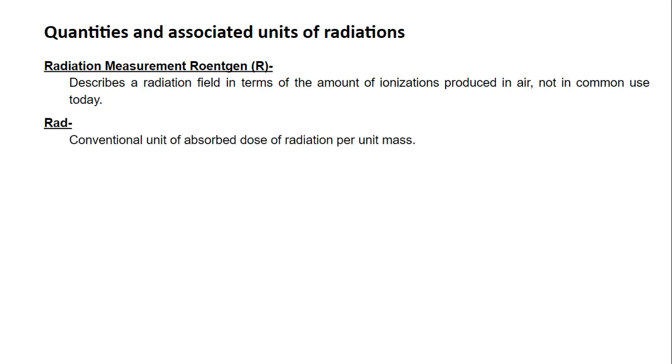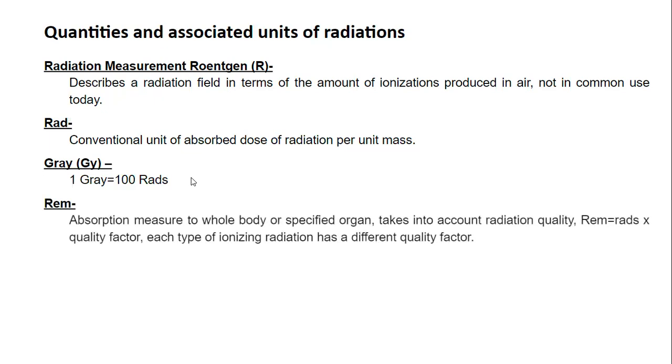Rad comes from radiation absorbed dose, the conventional unit of absorbed dose of radiation per unit of mass, like per unit mass of human body, how much dose of those radiations is being absorbed. Next is gray. One gray comprises 100 rads.